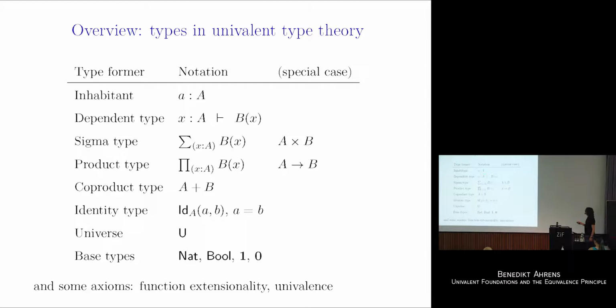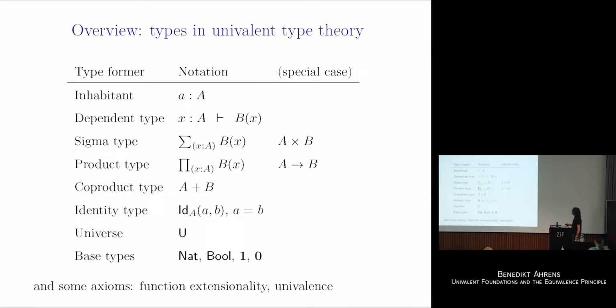So Thorsten introduced the notation for inhabitants. So we have terms and types. We have dependent types. So here B is a family of types dependent over terms in A.